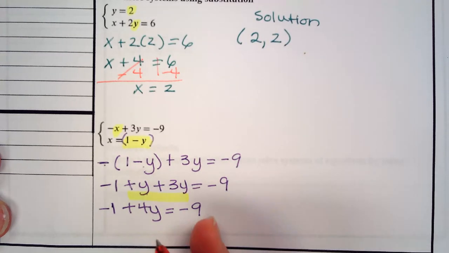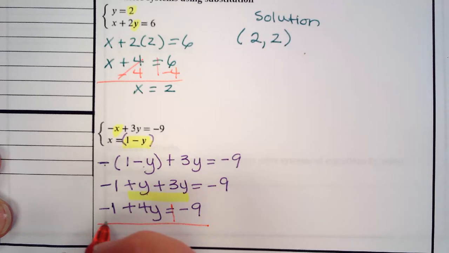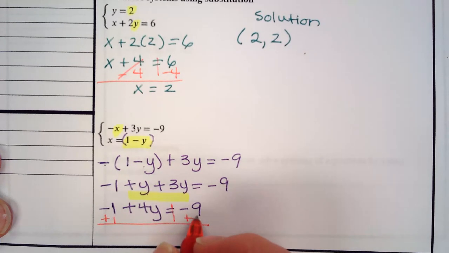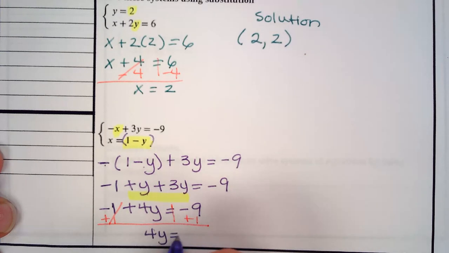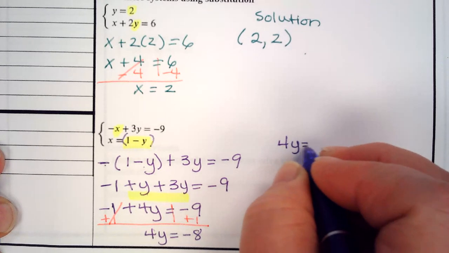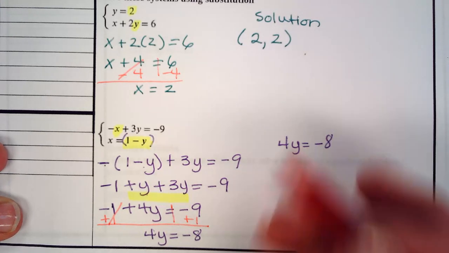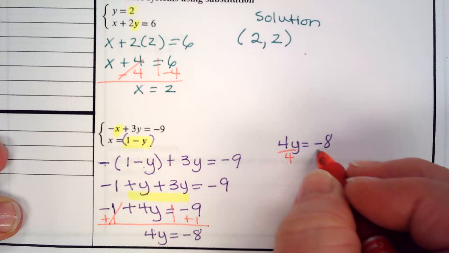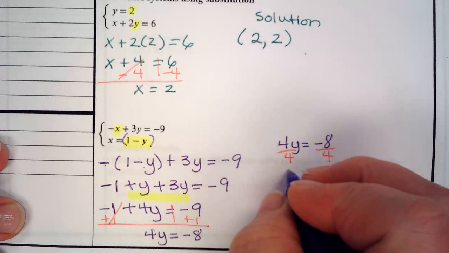Now I can solve for y. Add 1 to both sides. 4y is equal to negative 8. Last step is to divide by 4. And y is equal to negative 2.